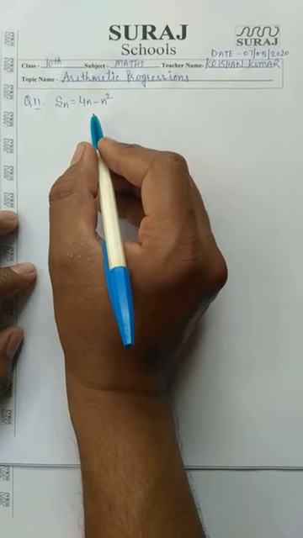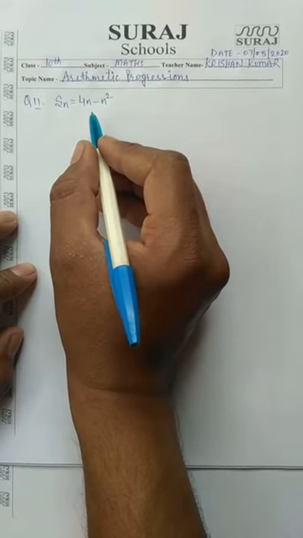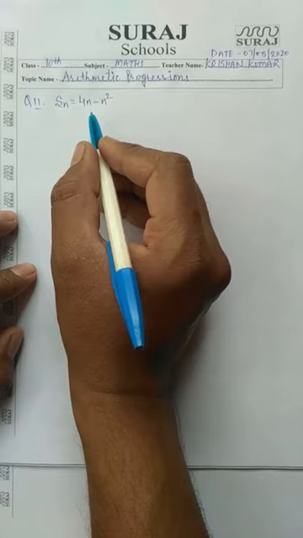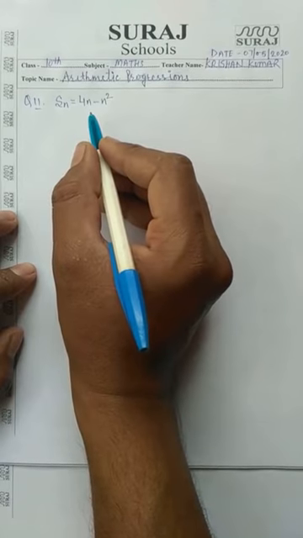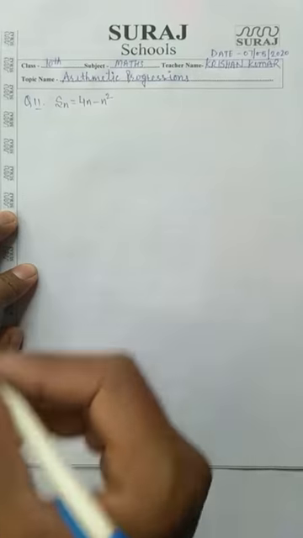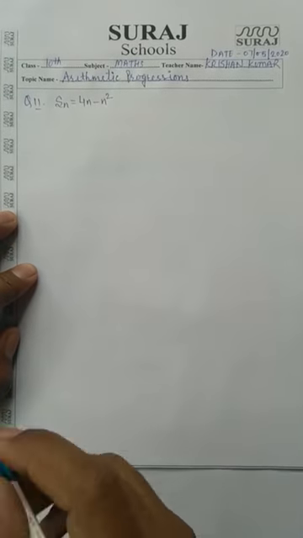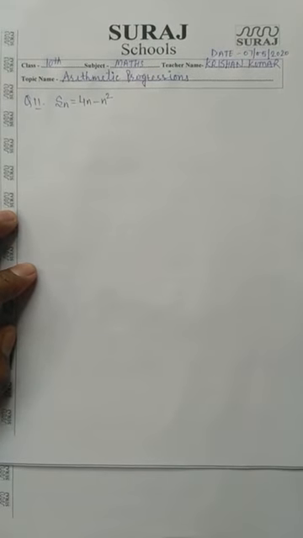What is the sum of the first two terms? What is the second term? Similarly, find the third, the 10th and the nth term of the AP. Okay, students, let's start.